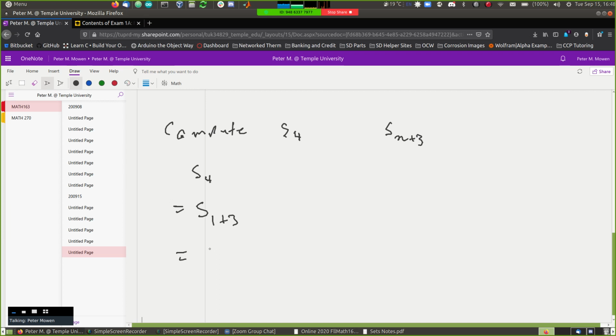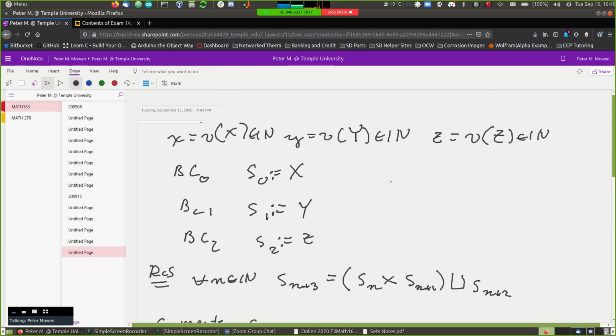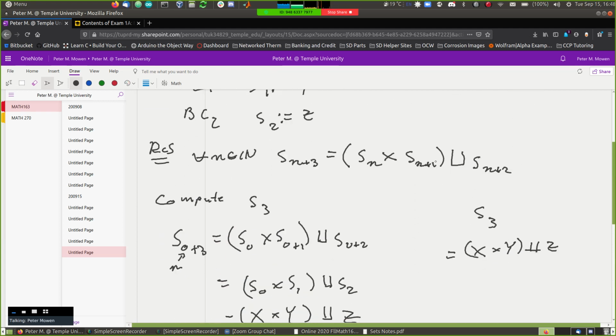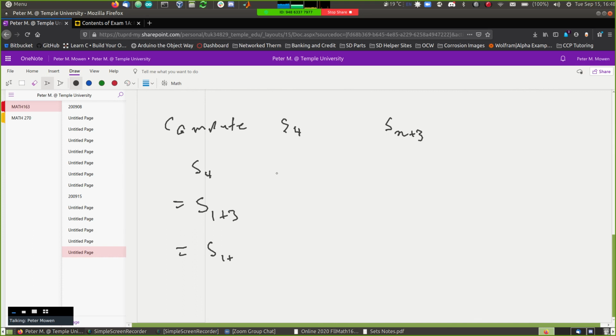So this would be S sub 1 plus, and then what was our recursive? It was n plus 1, n plus 2. So this would be S sub 1 cross S sub 1 plus 1 coproduct S sub 1 plus 2, which is equal to S1 cross S2 coproduct S3.